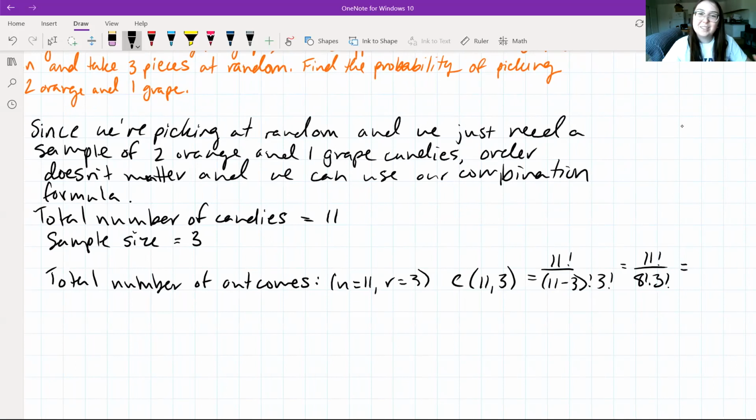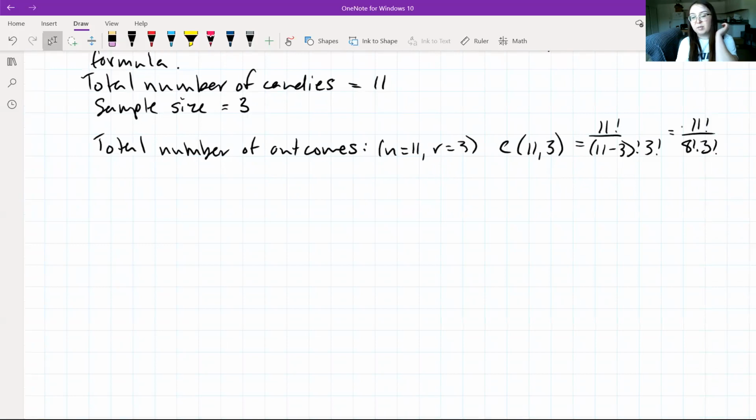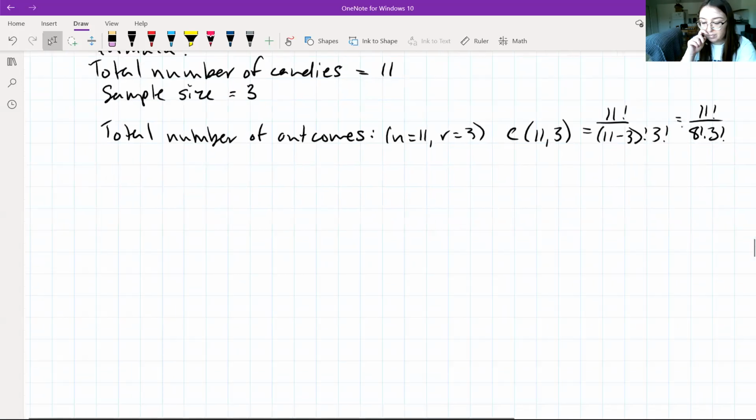We're going to leave it in factorial form, since we're going to end up with a more complicated way of solving this. We're just going to leave each of these in factorial form for now. So we have the total number of outcomes is going to be 11 factorial divided by 8 factorial times 3 factorial.